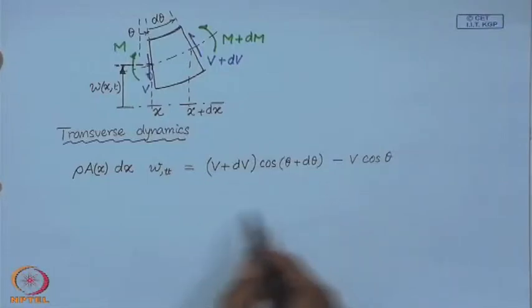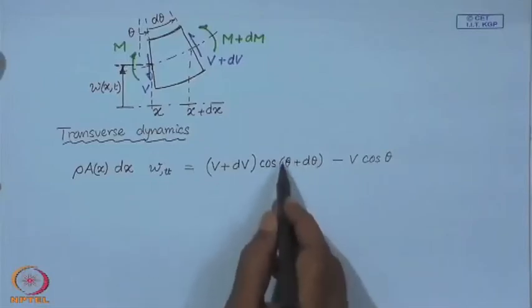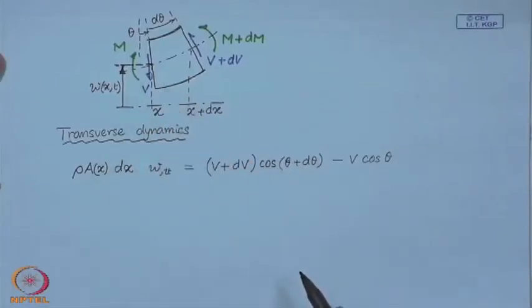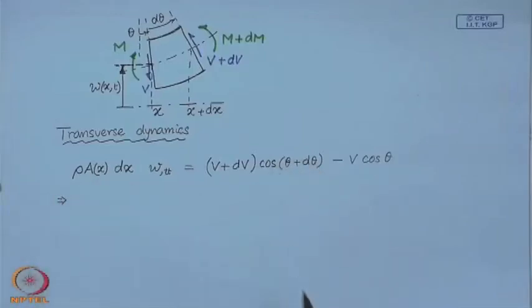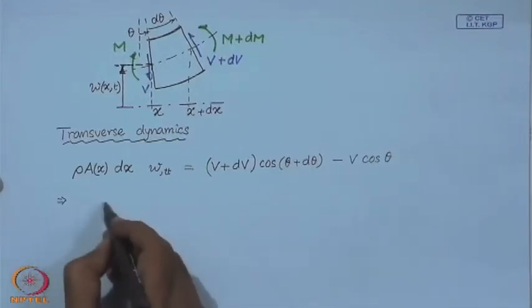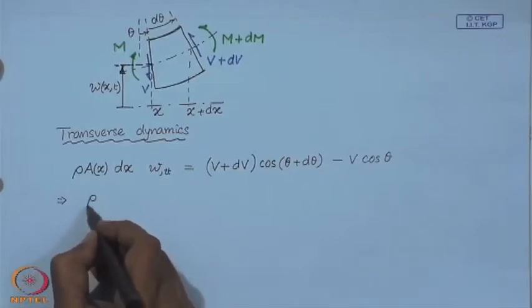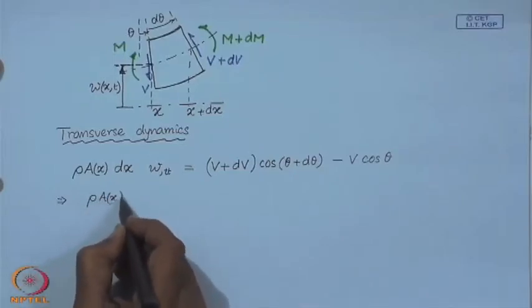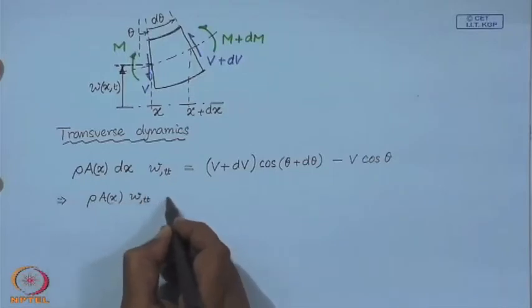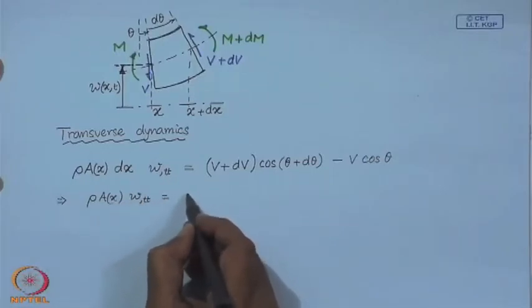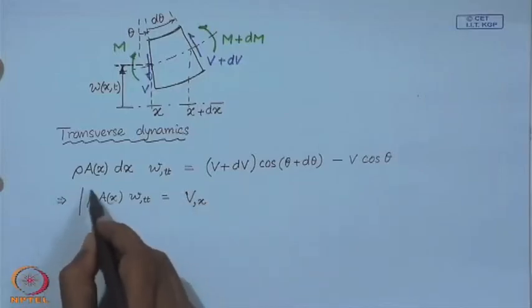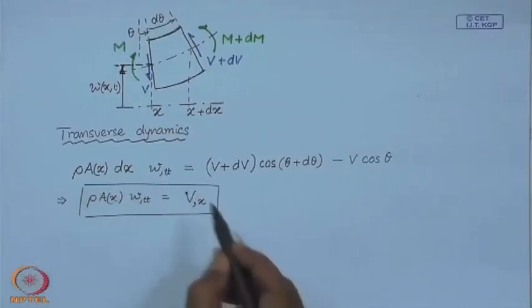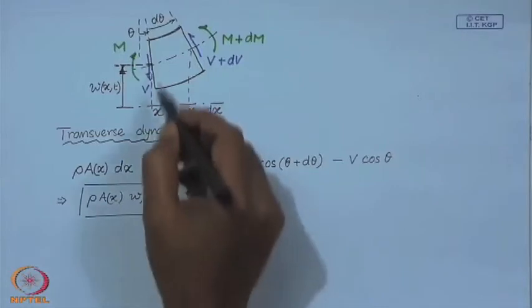So, I have taken the projection of these forces in the transverse direction, and if you divide by dx and consider that cos theta is approximately equal to 1, then this is the equation of transverse dynamics for the beam element.